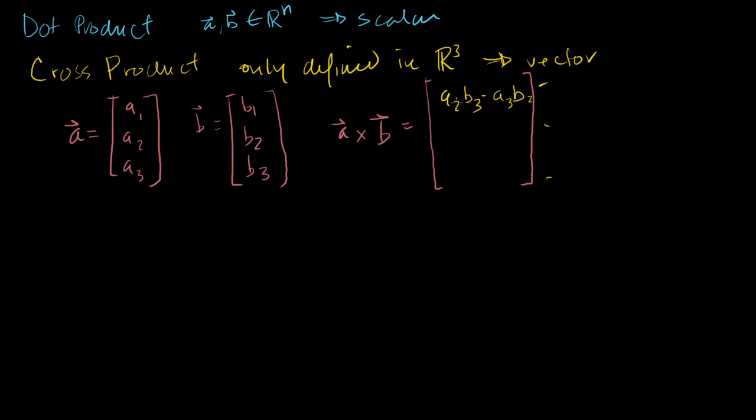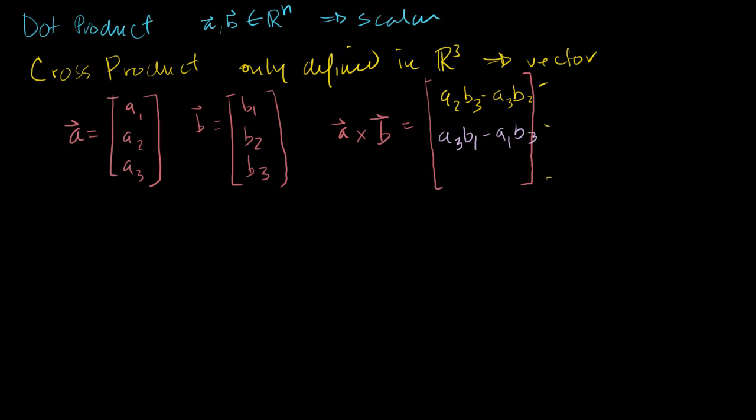Or you can view it as the negative of what you would have done naturally. So you would have done A1 B3 minus A3 B1. Now we're going to do A3 B1 minus A1 B3. And that was only for that middle row.